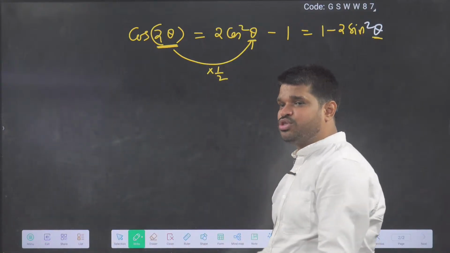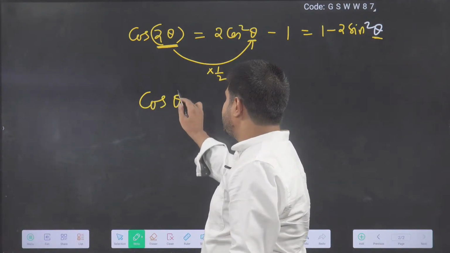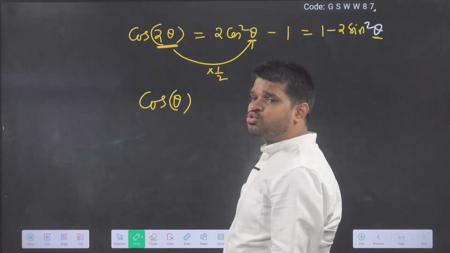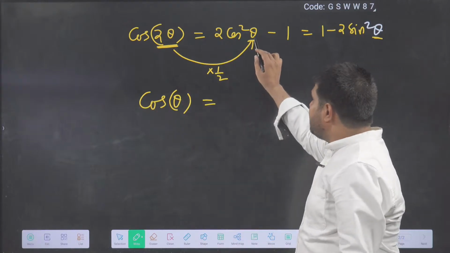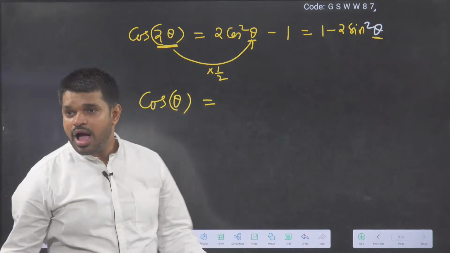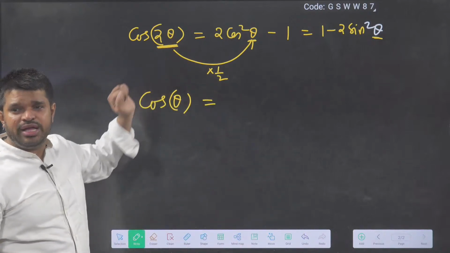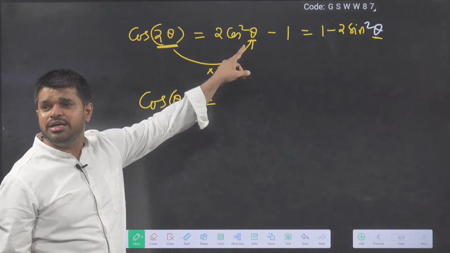So my basic question is, if I take cos theta only, instead of cos 2 theta, what will come here? I want to apply the same formula. When I took 2 theta, it becomes 2 cos square theta minus 1.